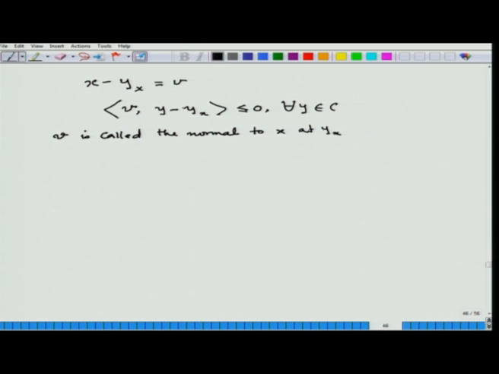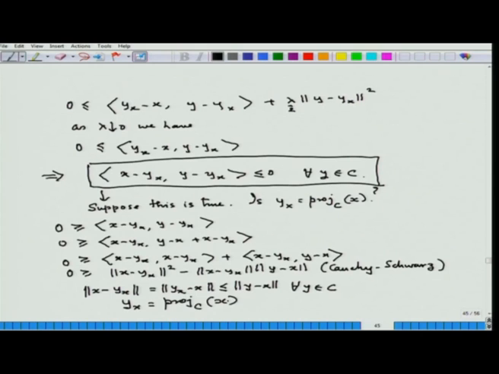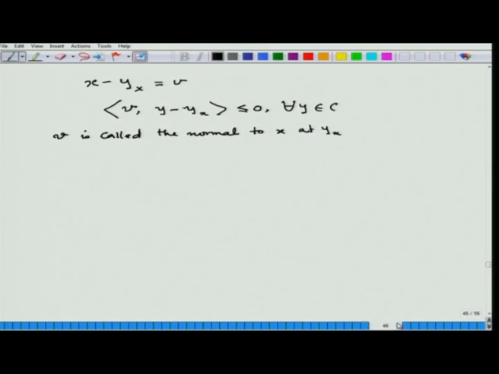As you have observed from the picture, there can be more than one x to which y x is the projection. So, there can be more than one such v for which this is true. So, let us take the collection of all such v's in Rn such that, so I take a point x bar in C and take a collection of all those v in Rn such that this is true.